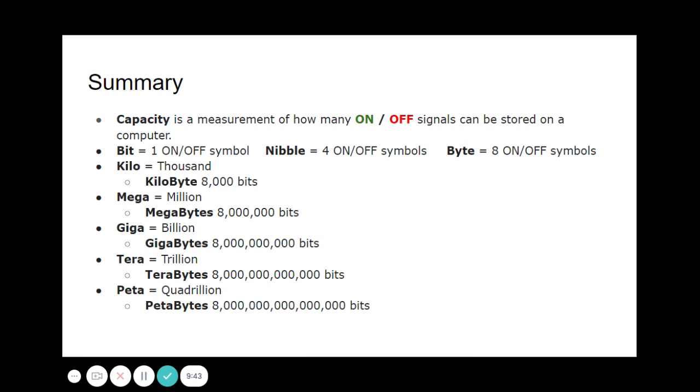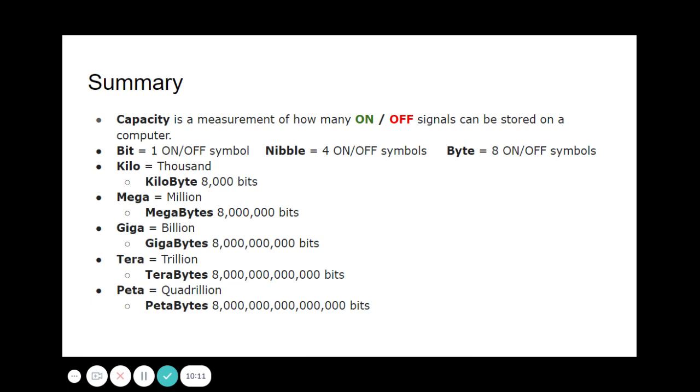So if you got 4 symbols, on, off, on, off, 4 of them, in any combination, we call that a nibble. If we have 8 on or off symbols, we call that a byte. Now, what does kilo mean? Kilo means 1,000. So if you combine that with a byte, which is 8, 8 times 1,000 gives us 8,000 bits.